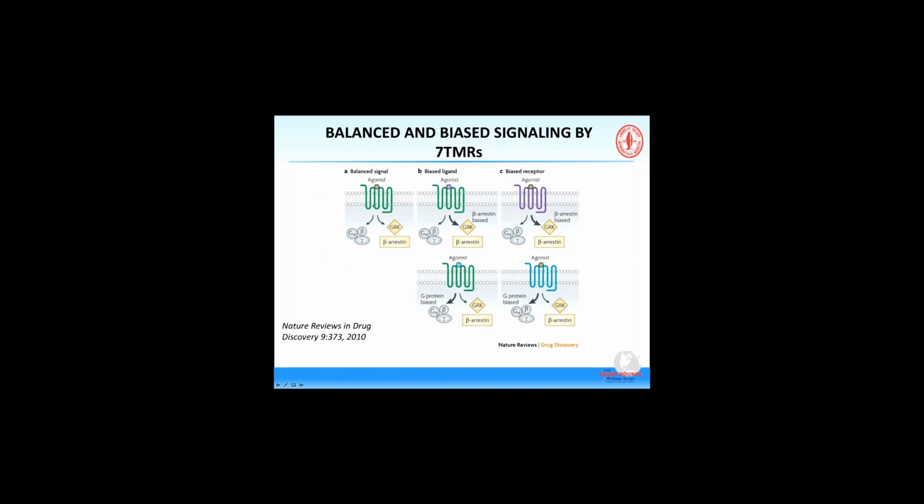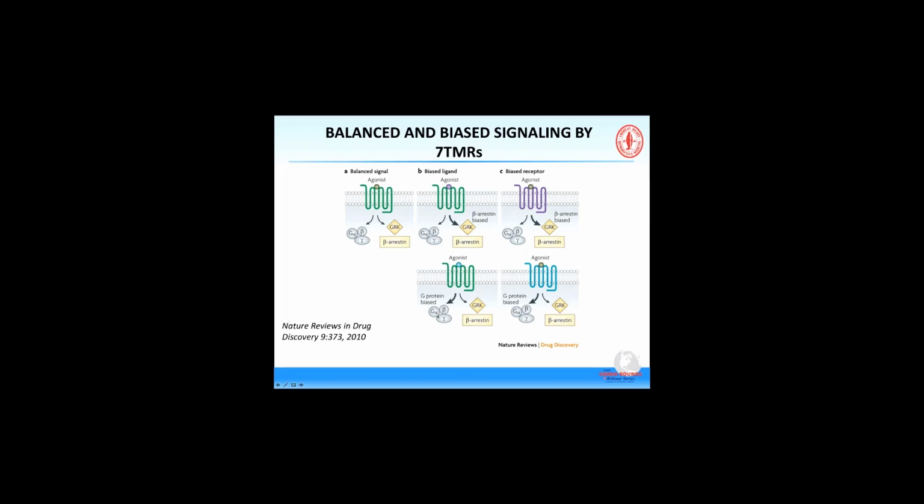So this is the concept. The idea initially was that when an agonist binds to a receptor, then it will act in a similar manner, either through a G protein or through the arrestin pathway, and this is what you would call balanced signaling. But it is becoming clear that that is too simplistic. There are actually agonists that will work preferentially through the beta-arrestin pathway, and this is called a beta-arrestin biased agonist.